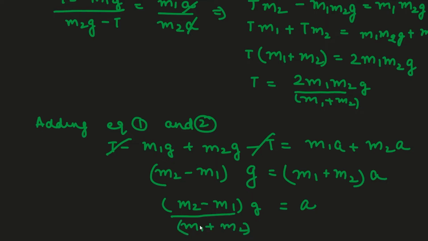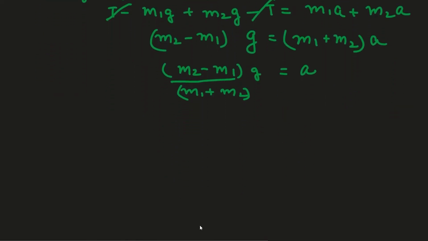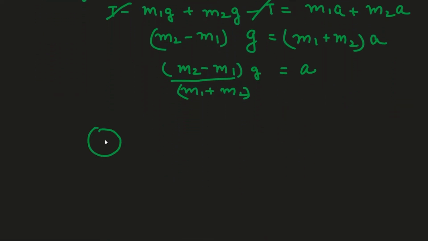Whenever you have a system like this, let us say for example you have a pulley and you have one mass as 5 kg and the other mass as 10 kg, and you are supposed to find out the tension in the string and the acceleration with which the system will move when the masses are released.